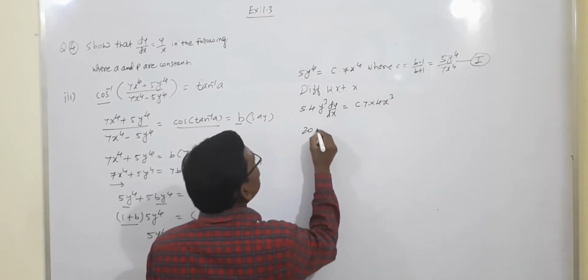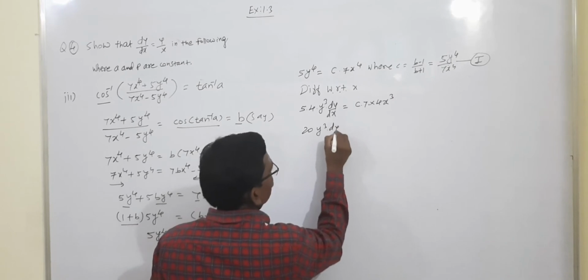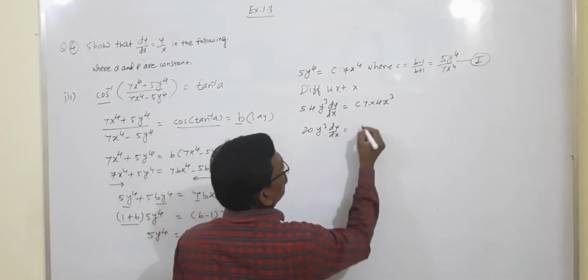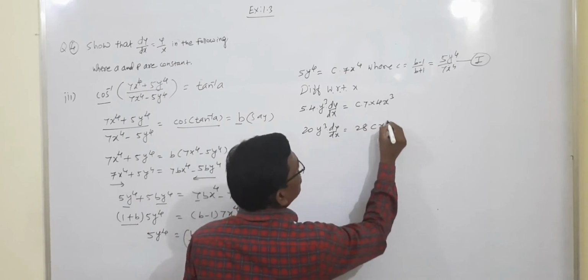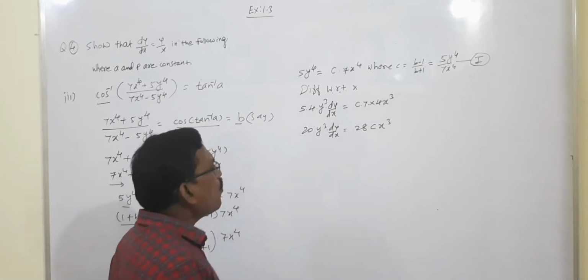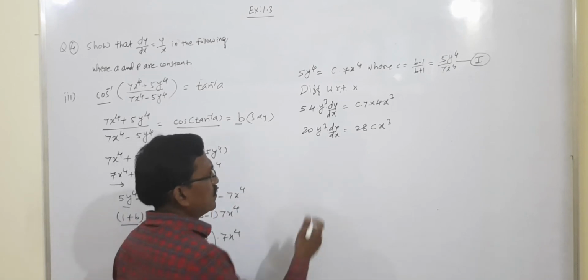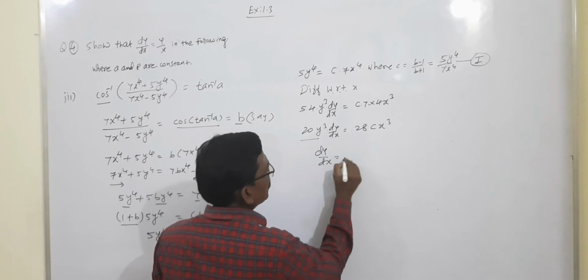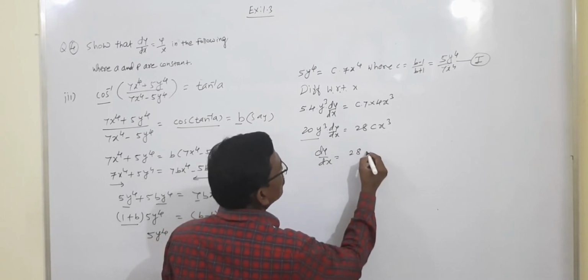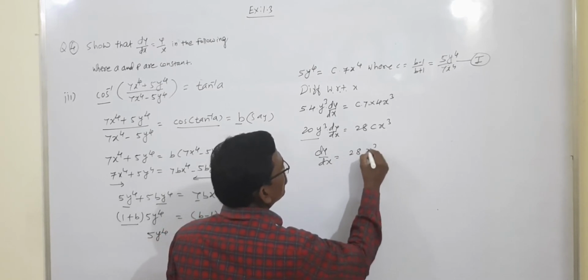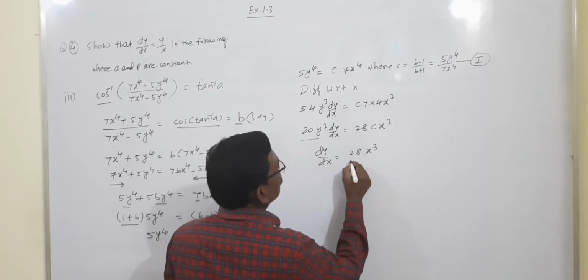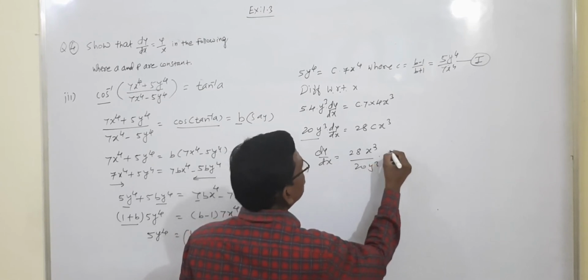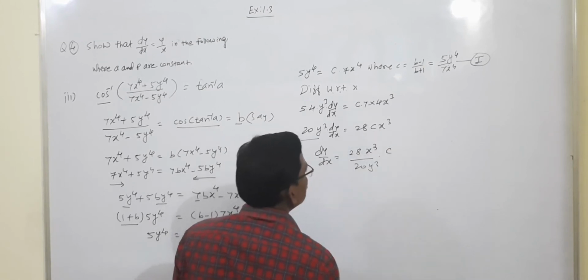So it is 20y^3 dy/dx is equal to 28c x^3. Now we take this 20y^3 to the right hand side, so dy/dx is equal to 28x^3 divided by 20y^3 into constant c.